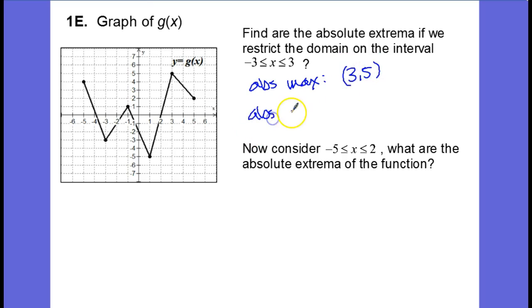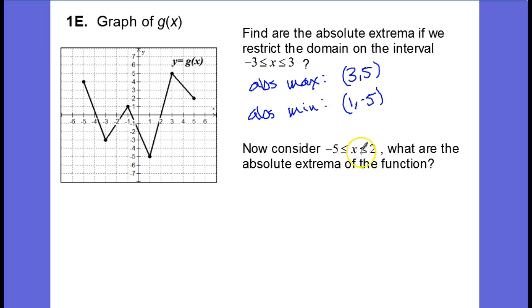Let's check out the possibility of an absolute minimum. From -3 to +3, I do have a value here at (-3, -3), but now I also have (1, -5), and that is still going to be my absolute minimum, (1, -5).